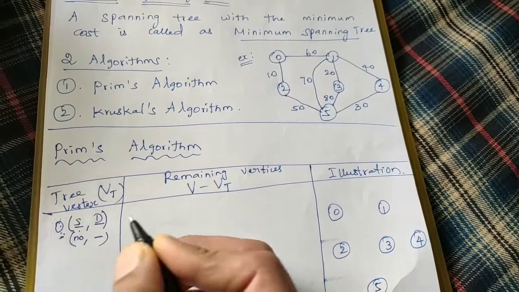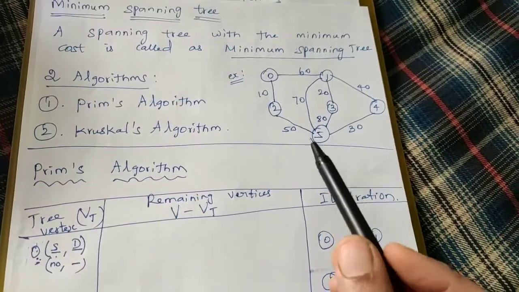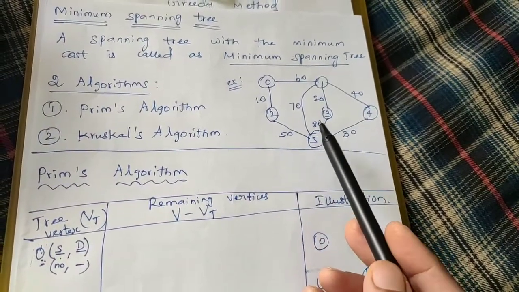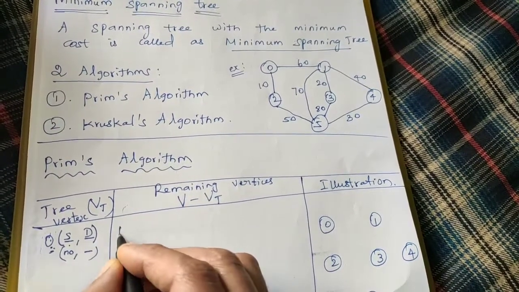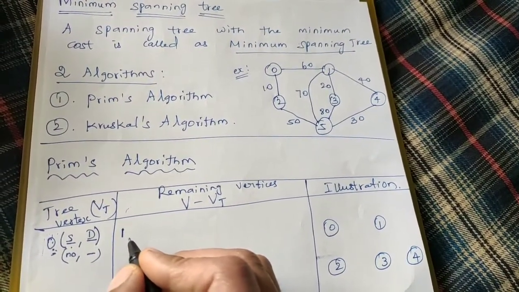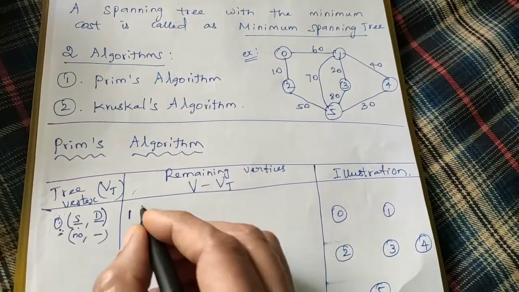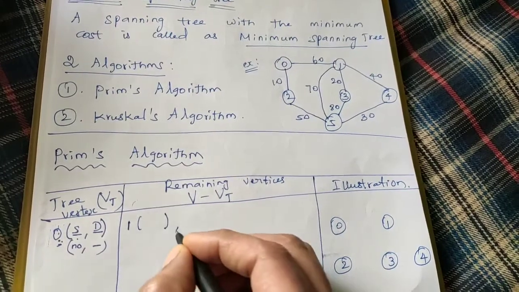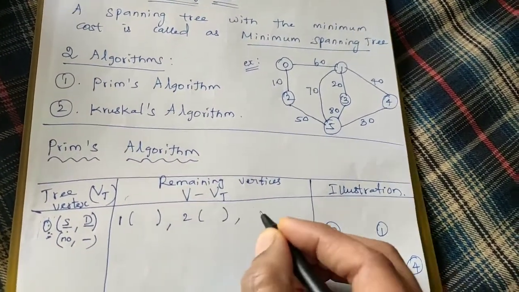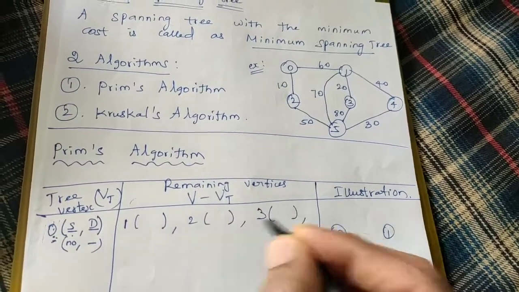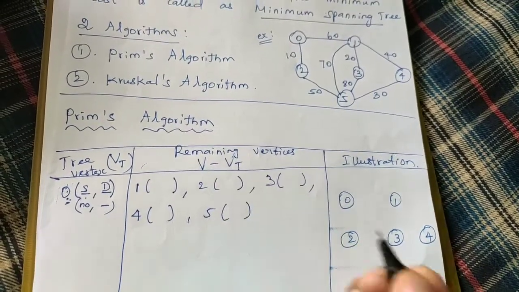Now by leaving the 0th vertex, how many vertices are present in the given graph? 4 more vertices are given in the graph. So let us take all the remaining vertices of the graph by leaving this 0th vertex. 1 is left out, 2 is left out, 3rd vertex is also left out, 4th vertex is also left out.